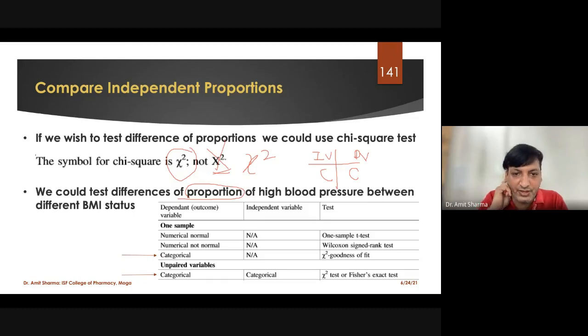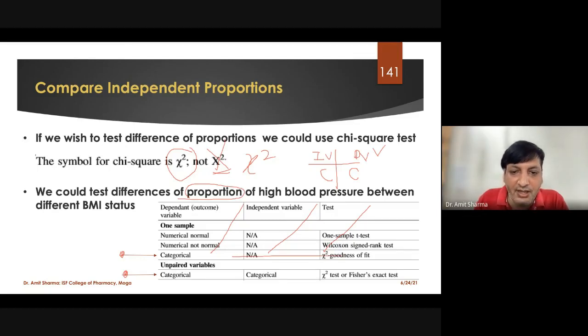Now for this one, which we are going to look at, this is the same slide which we have seen in the previous classes. We don't have an independent variable so we will not look at the higher lines, we'll go for this one, categorical variable. It means that when you have only one categorical variable, that is a dependent categorical variable, then you are going for the chi-square test, goodness of fit.